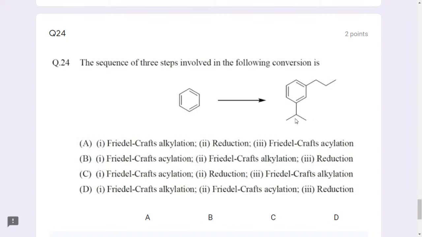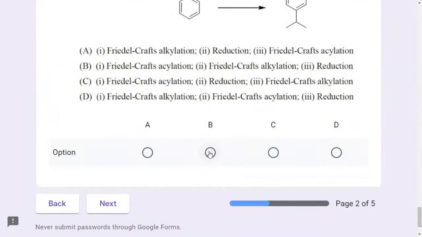So in Friedel-Crafts alkylation, this propyl chloride goes to the meta position. So first propionyl chloride, then followed by propyl chloride in the presence of aluminum chloride. Then this carbonyl can be reduced by Clemmensen reduction or Wolff-Kishner reduction to give this compound. So option number B is the correct option students. Yes, so let us choose option number B.